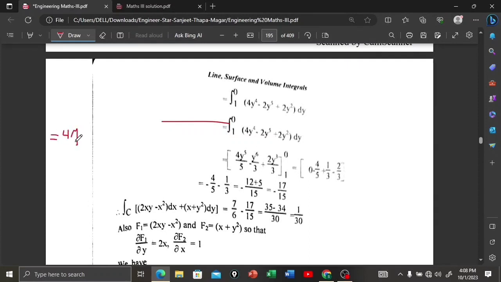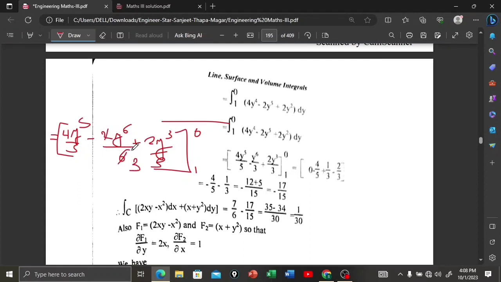4 y power 4 plus 1, that is 5, divided by 5, minus 2 y power 5 plus 1 is 6, divided by 6, plus 2 y power 2 plus 1 is 3, divided by 3, and from 1 to 0, it would be 4y^5 by 5 minus y power 6 by 3 plus 2y cube by 3 from 1 to 0.